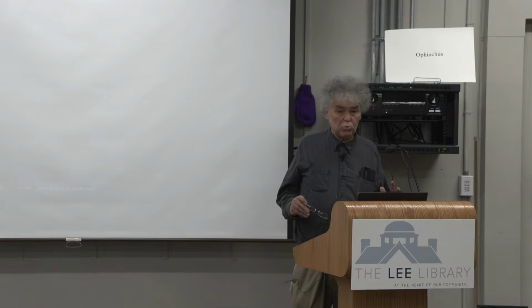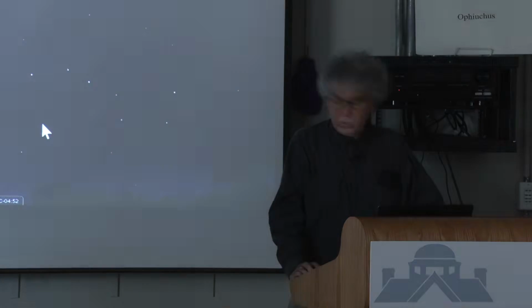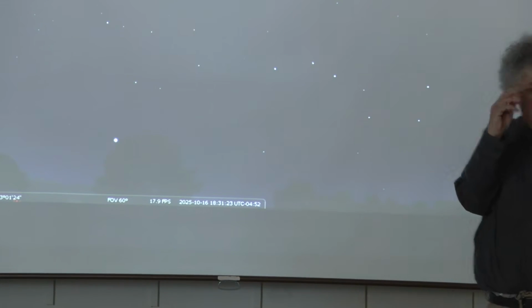Okay, so I think we're ready to go ahead and look at the stars. So let me get that out of the way for the moment. We have up here a display from a program called Stellarium.